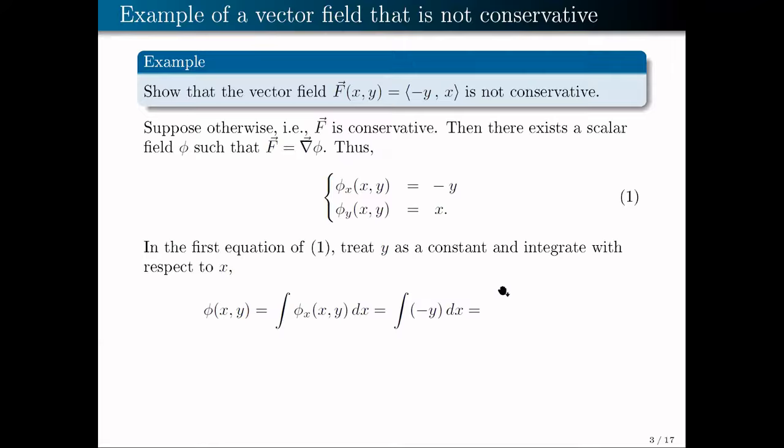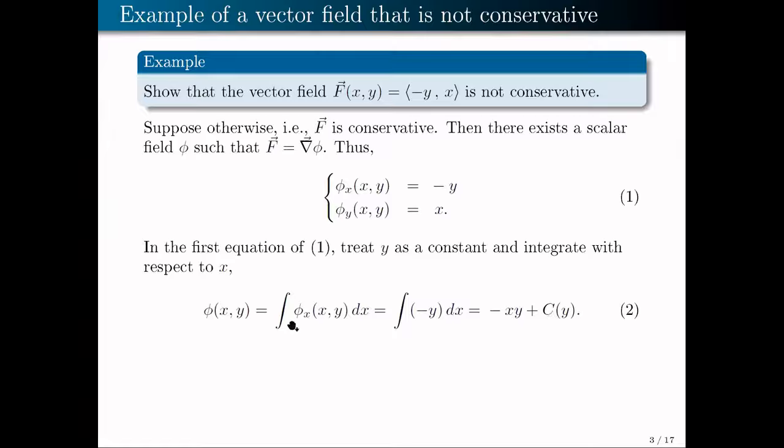Solving the integral, we get negative xy plus some constant c, where the constant c is a function of y. Note that if we have c of y, then its derivative with respect to x must be equal to 0, since c is only a function of y and is treated as a constant.